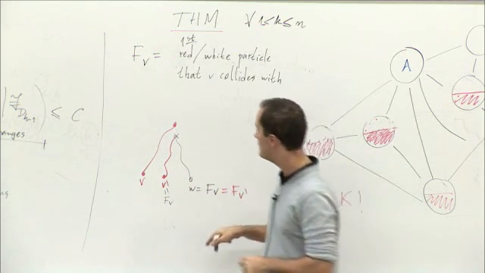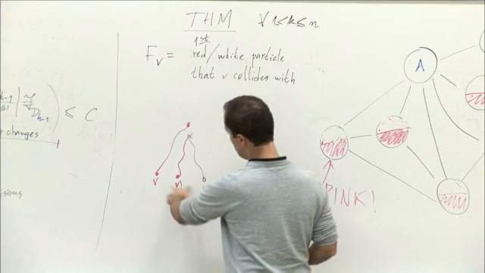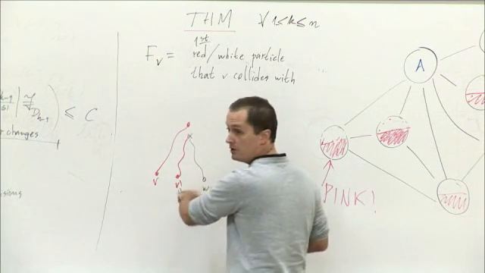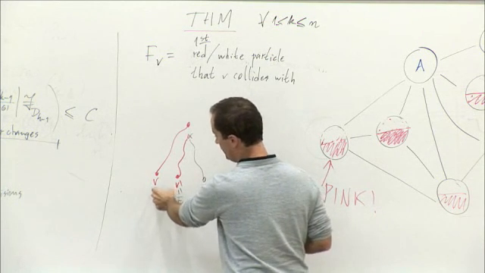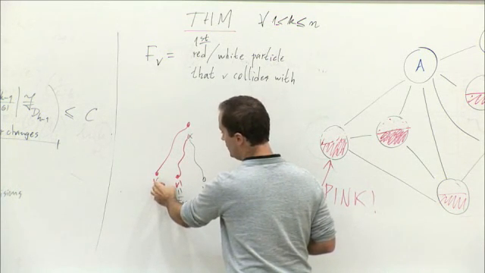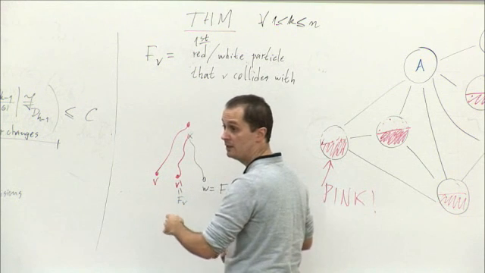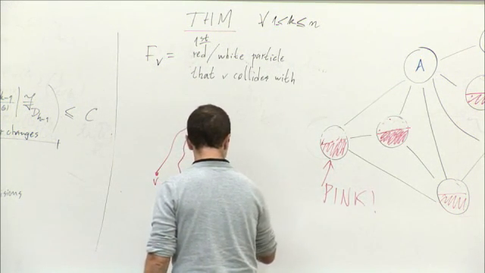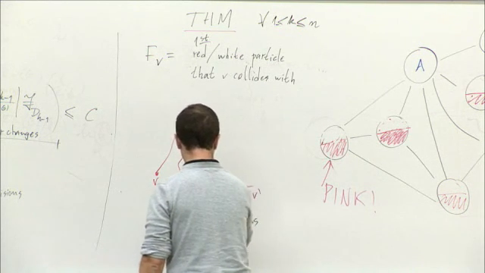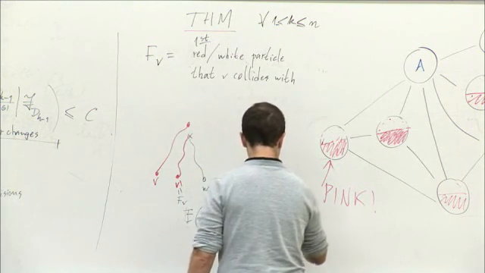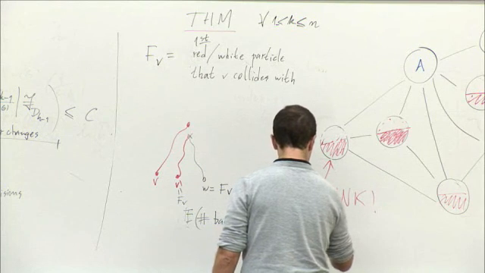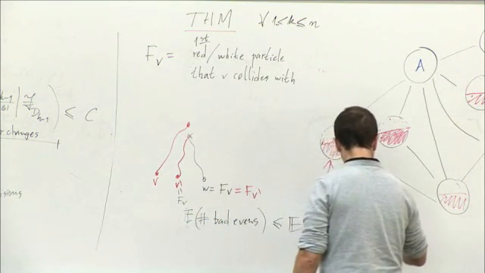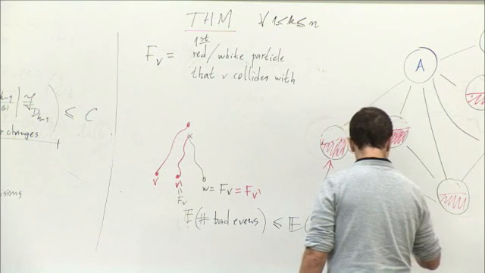So using this is somehow saying that the event that two particles meet the same guy is essentially, the number of bad collisions of this sort is equal in expectation to the number of collisions within the red set. So the expected number of bad events is less than the expected number of collisions within red.